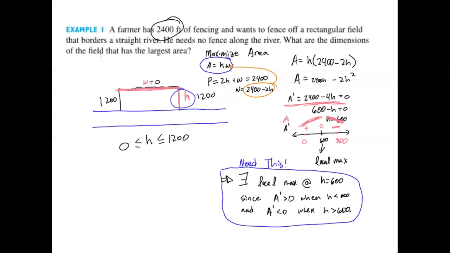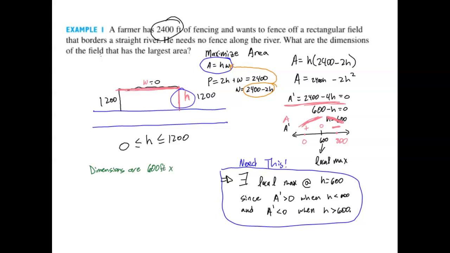All right, now let's answer their question, which is, they specifically asked, what are the dimensions? So I know that h is one of the dimensions, but I need to know the other dimension. I'm going to say the dimensions are 600, what are we in, feet? Yeah.